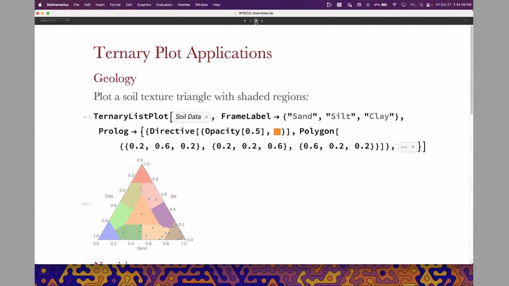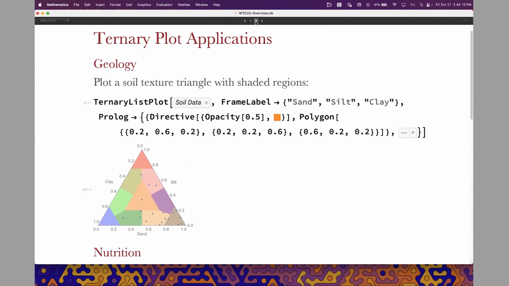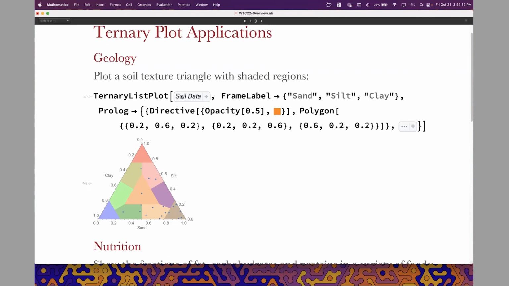So here we have some quick examples. The first comes from geology, which has used this very heavily in the past because they will take a soil sample and classify it as 27% sand and whatever percent silt and clay. Here we have added a prologue to draw regions in the background. The United States Geological Survey has somewhat standardized these regions.